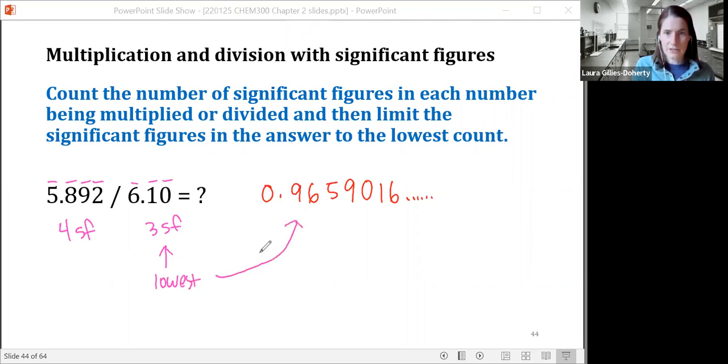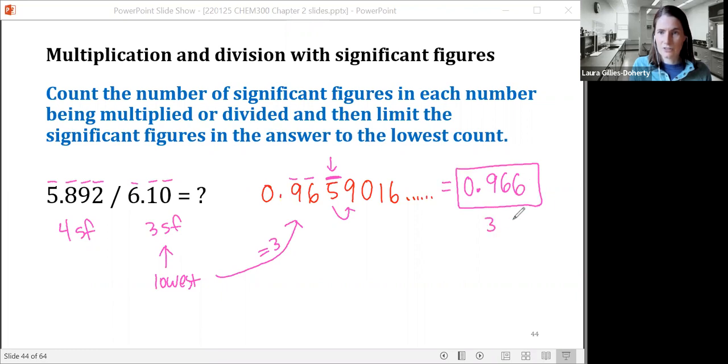And so that's going to be the number of sig figs we can have in our final answer. So we can have 3 sig figs in our final answer. So 1, 2, 3. The 5 is our last sig fig. So we look to the right. It's a 9. So our final answer ends up being 0.966 with 3 sig figs.